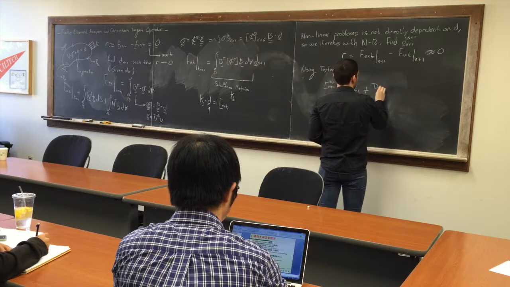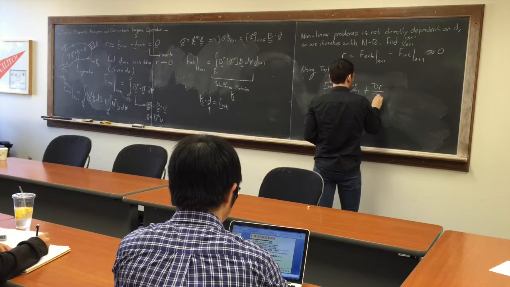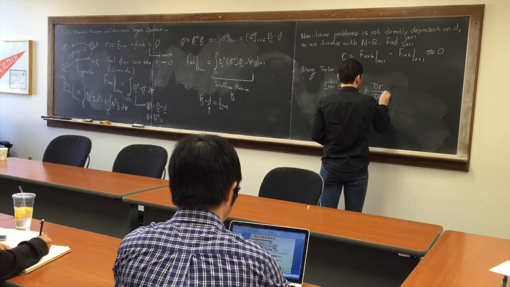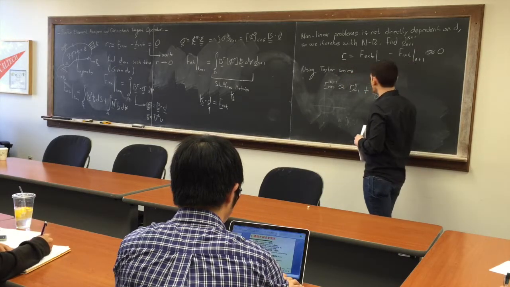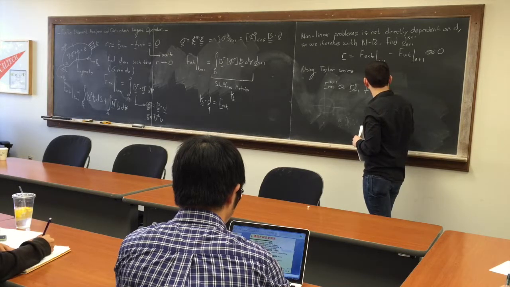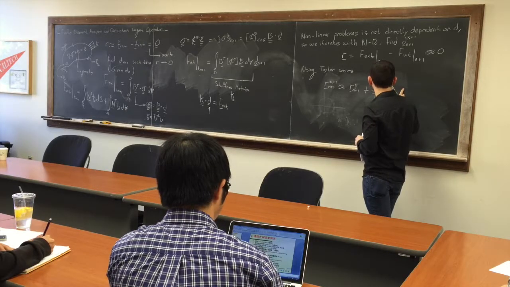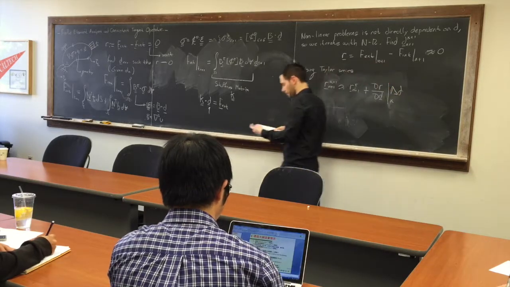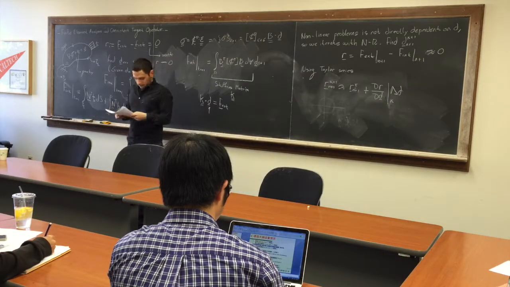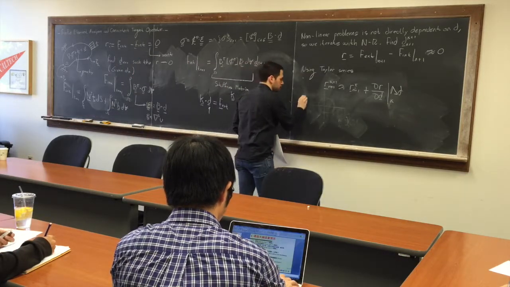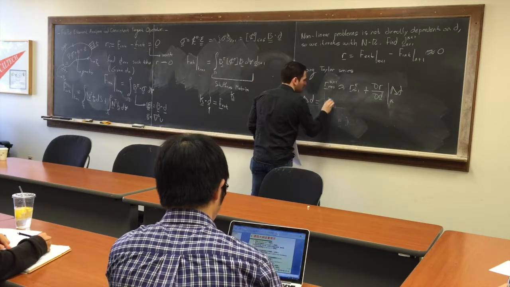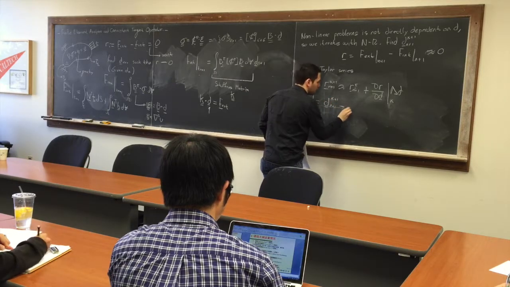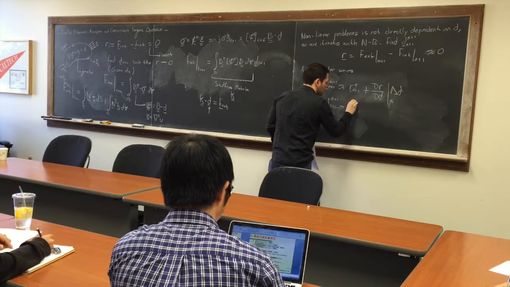The derivative of the residual with respect to d, evaluated at k, times delta d, where delta d is equal to d_{n+1}^{k+1} minus d_{n+1}^{k}.